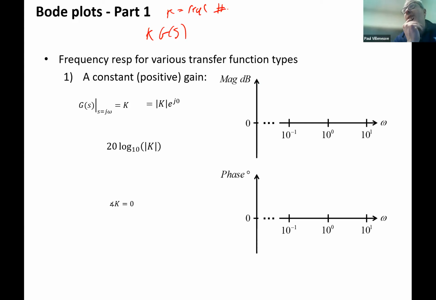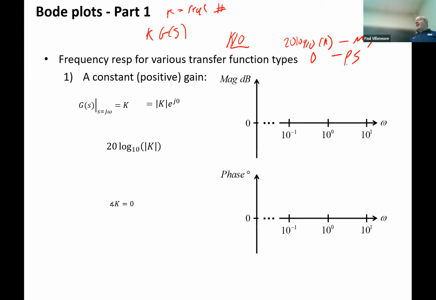If I multiply something by a real number, that's going to be K at an angle of 0. So I do 20 log 10 of K. That's our magnitude. And our phase shift is 0 because there's no j term that I'm including there. It's just a real number.